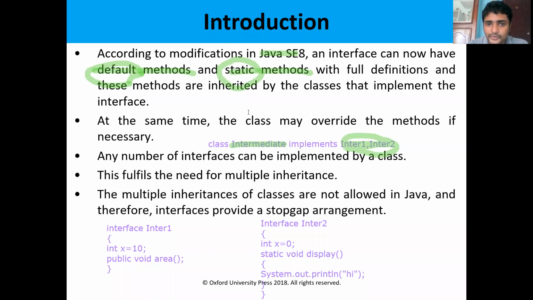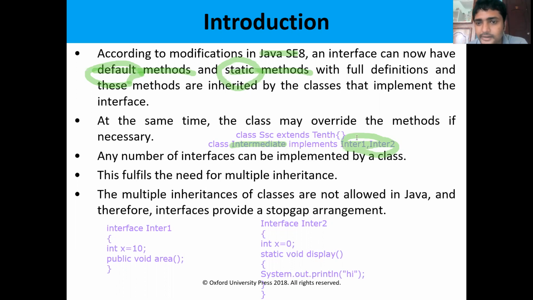In general, suppose I have declared the class SSC extends 10th. We don't have 10th comma 12th in the inheritance concept. But in interfaces, we can have inter1 comma inter2.